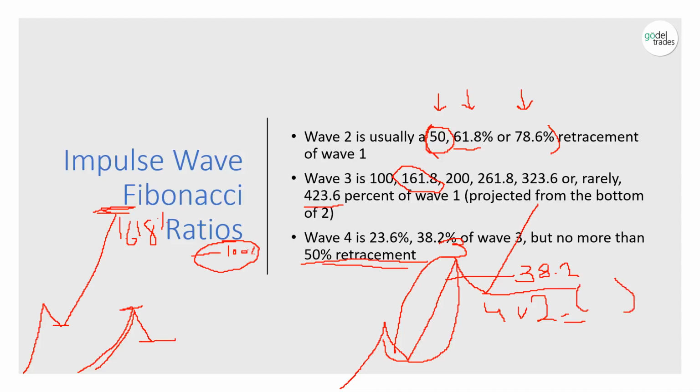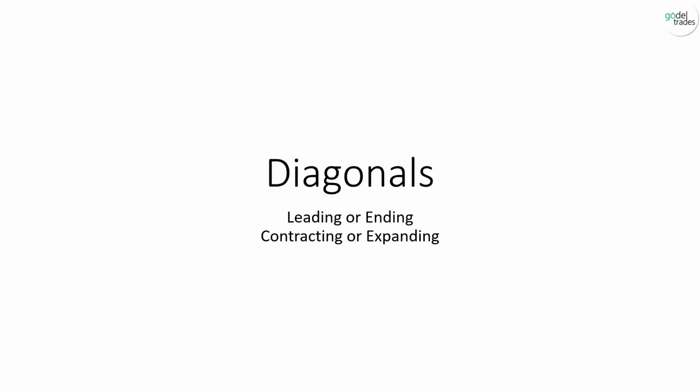That's another very common target for a fourth wave correction. So if you're in a fourth wave, you blow past a 38.2% retracement level, and you still have an ongoing corrective sequence or structure that is unfolding, your next key level of support will be equality of 4 and 2.